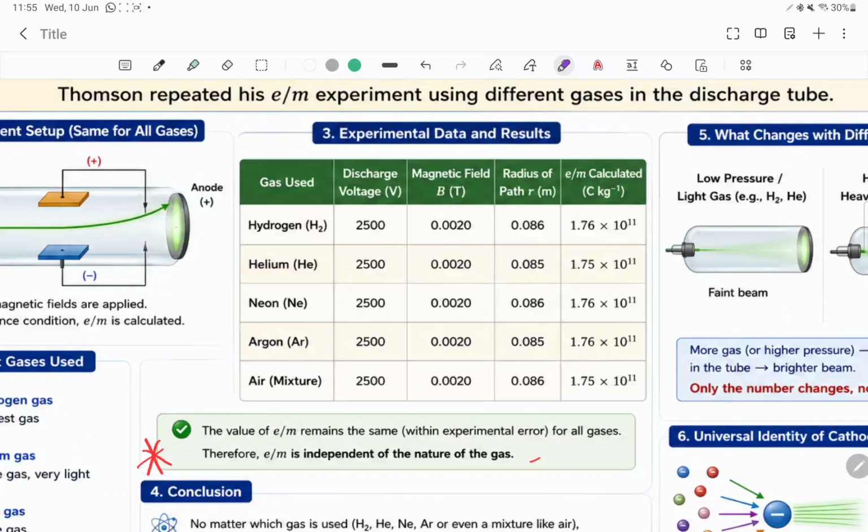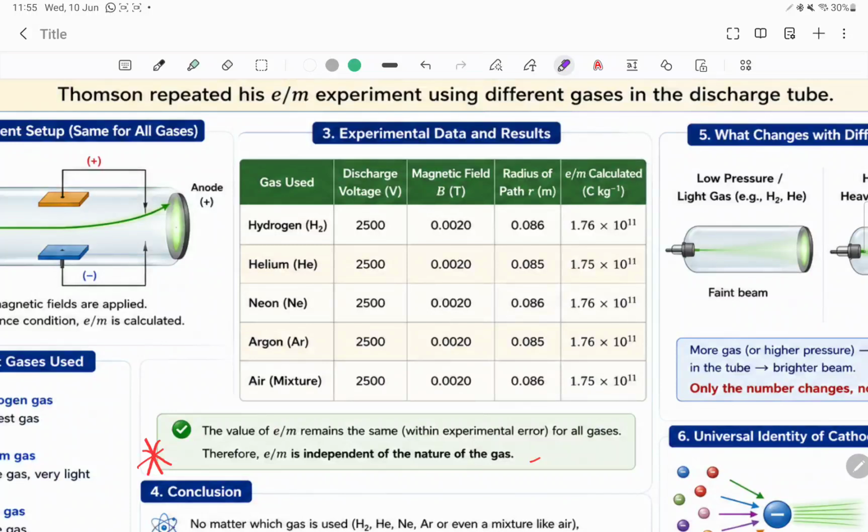So electrons are independent of the gas; it is an independent nature of the atom, whatever atom you take. Even a simple analogy: if you take any person, Indian or African or American, the color of the blood is red. That does not depend on the person, isn't it? Like that, the subatomic particle is a universal particle.